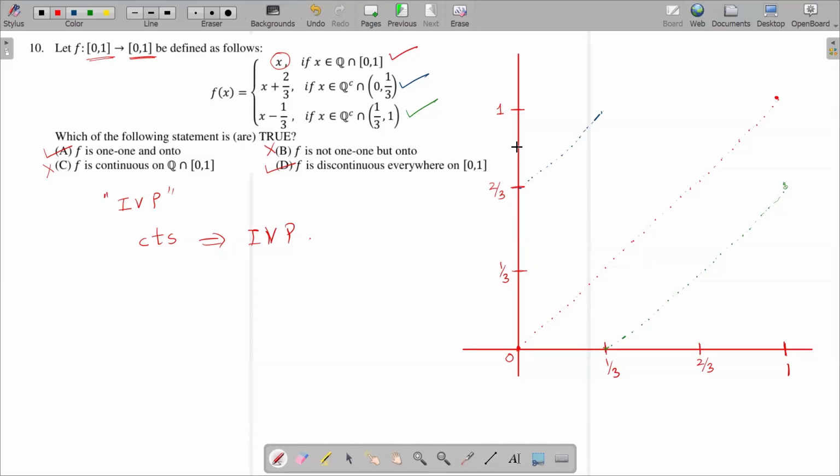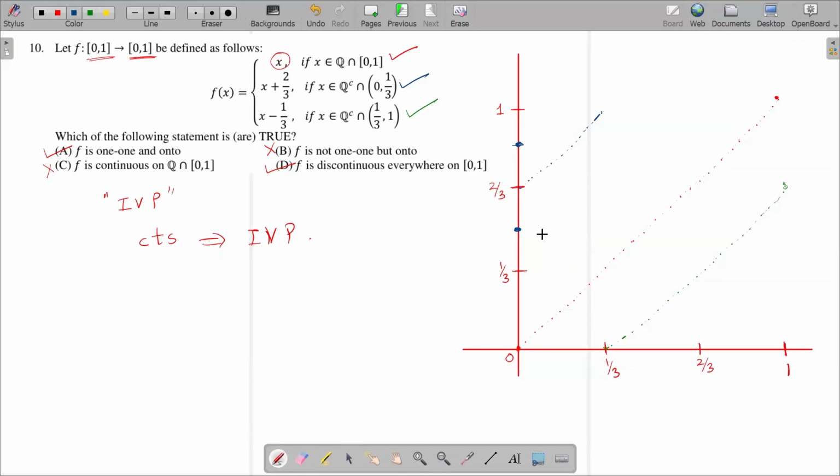So, if I take any two numbers in the range, for example, this point and this point, then everybody between these two should have a pre-image.